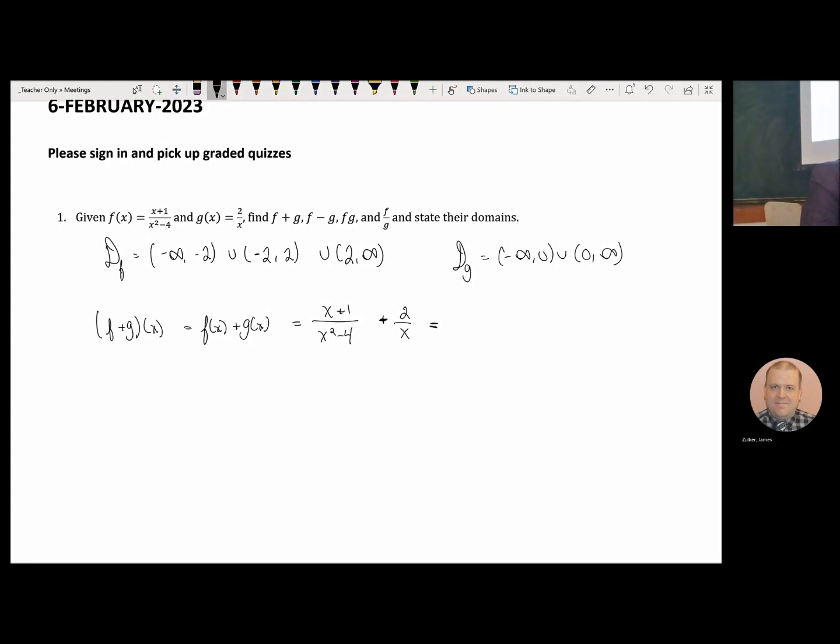Remember, what do we have to do when we're adding fractions? More specifically, we need a common denominator, which is x times x squared minus 4. Distribute the x through in the first term. And just to be safe, I'm just going to put parentheses around the two terms.